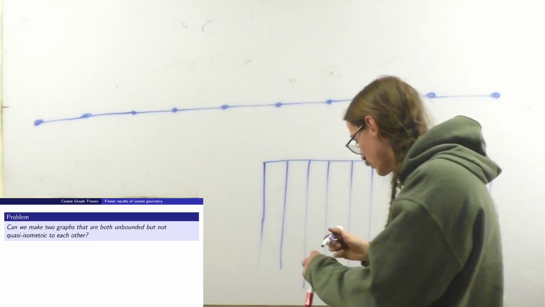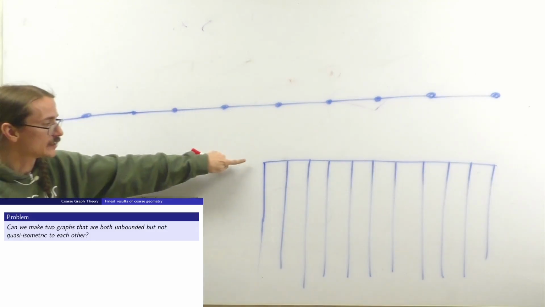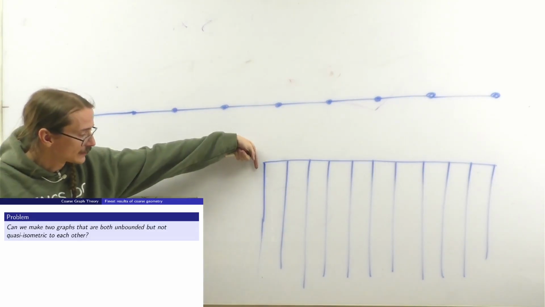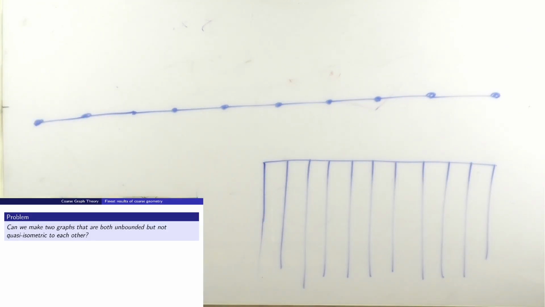And these are going, so there's 2 graphs. This path extends infinitely in both directions. This path extends infinitely. These little fingers extend infinitely. Why are these graphs not quasi-isometric?